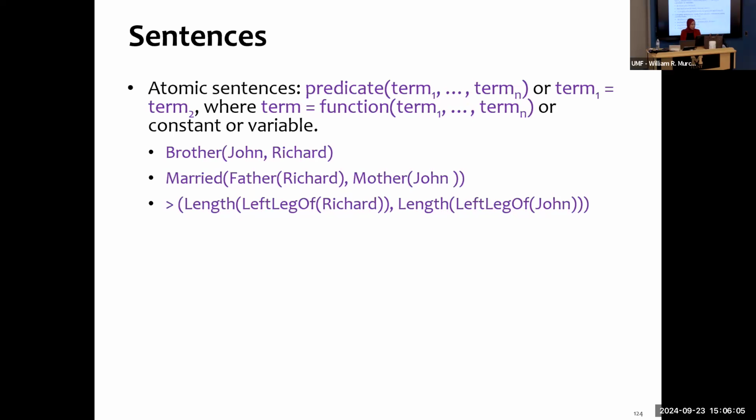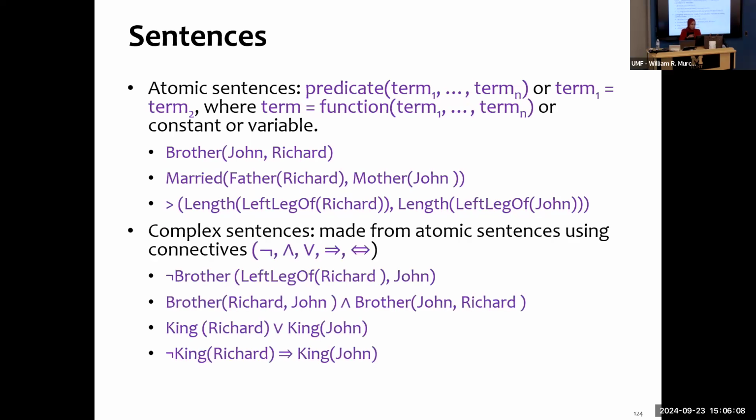So we start learning this, and these are simple or atomic sentences. Now for more complex sentences, made from atomic sentences using the connectives we saw, the and, or, not, and bidirectional implies, let's read this together.